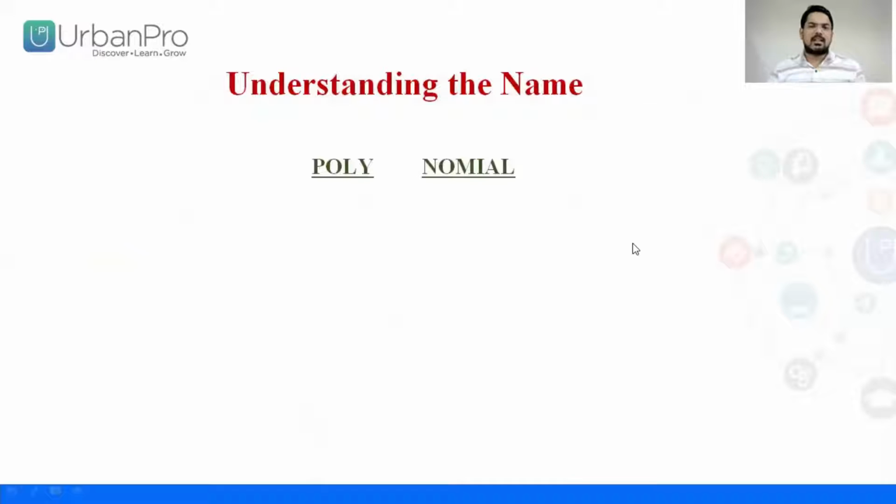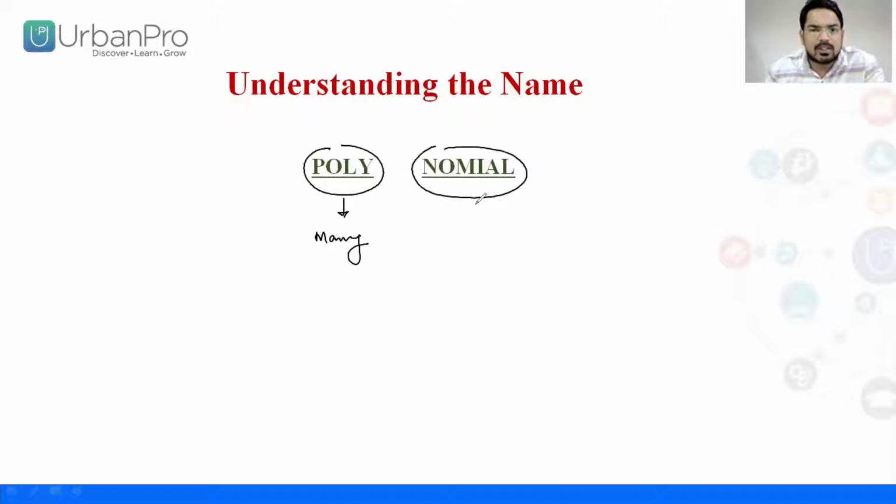So let's start with understanding the name of the chapter. The word polynomial is made of two words. The first word is poly, which stands for many, and the second word is nomial, which stands for terms.